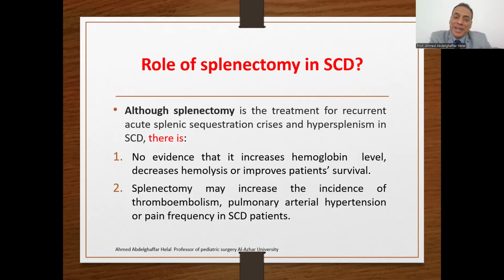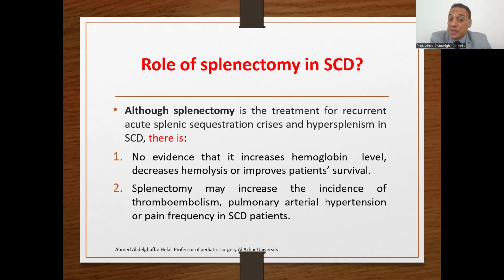The role of the splenectomy. What's the role of the splenectomy? When we remove the spleen, what happens? Although splenectomy is a treatment for recurrent acute sequestration crisis and hypersplenism, there is no evidence that it increases hemoglobin level, decreases hemolysis or improves patient survival, because the sickling may happen inside other blood vessels, other organs, if the child is exposed to certain circumstances.